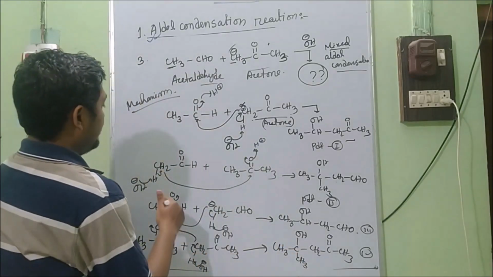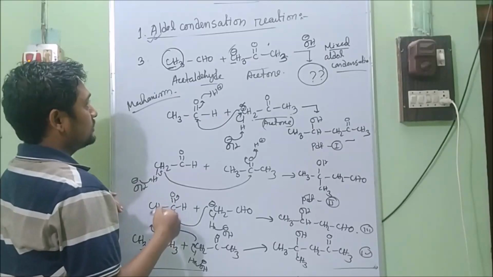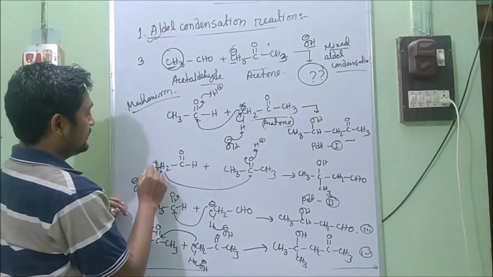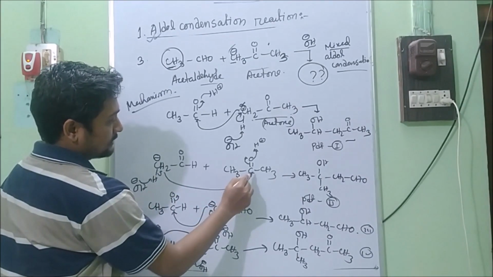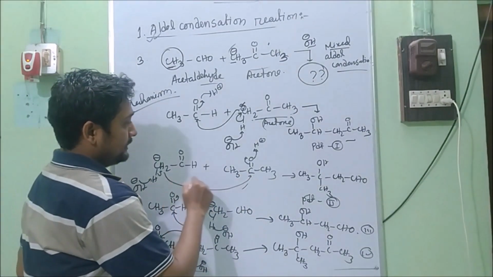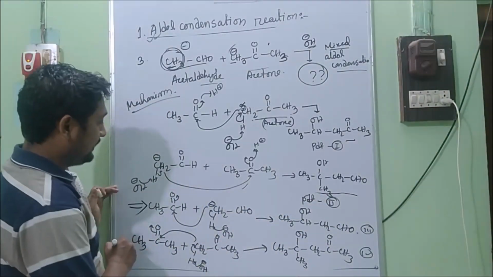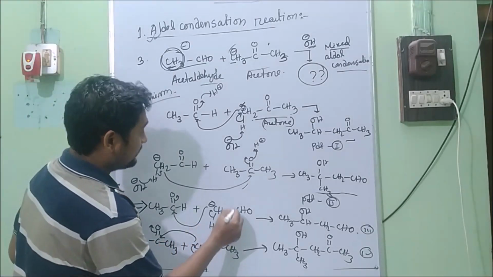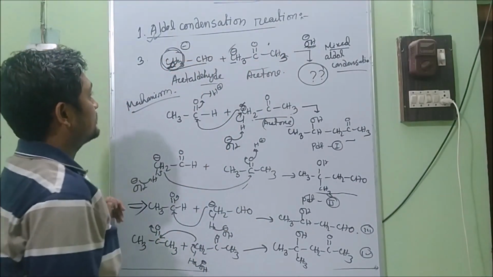Now again, acetaldehyde, this base can take H plus from here also. So if we take H plus from here, there will be a negative charge. So this negative charge will attack this carbonyl group of acetone molecules, and in this case we will get such kind of product. Now in this case, acetaldehyde, this base will take H plus from these positions.